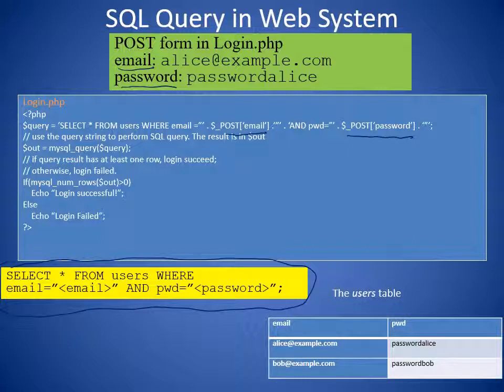This SQL statement basically says that it will pick all the fields from the table users, which is displayed here, and it will pick only the record whose email field equals the email parsed from the web post, and the password is retrieved from the password field in the HTTP request.